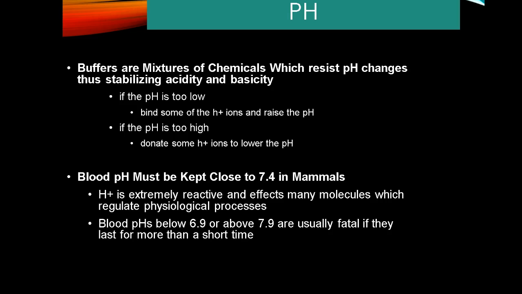The other reason why it can be fatal is, let's just use enzymes as an example. Enzymes are proteins. You'll learn more about them when we get to chapter 3. An enzyme in its three-dimensional form is when it's most active, when it has an active site. In its linear state, there is no activity.